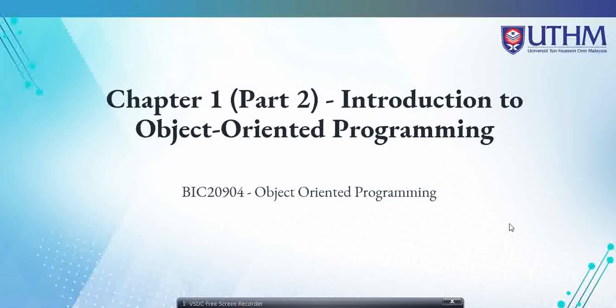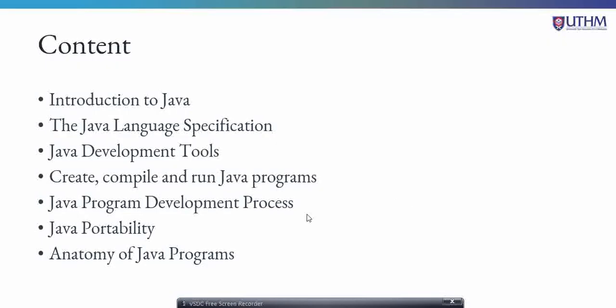In this part 2, we will learn an introduction to Java, the Java language specification, Java development tools, how to create, compile, and run Java programs, the Java program development process, Java portability, and the anatomy of Java programs.